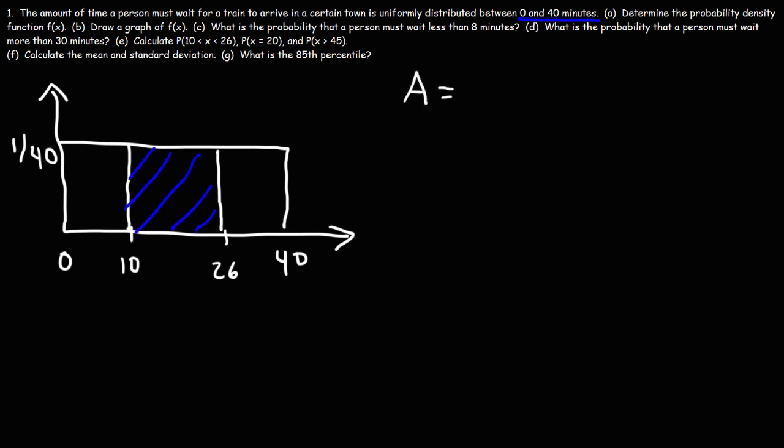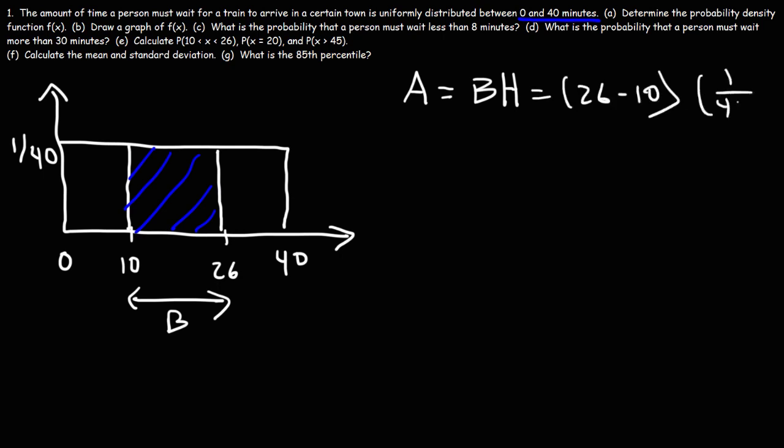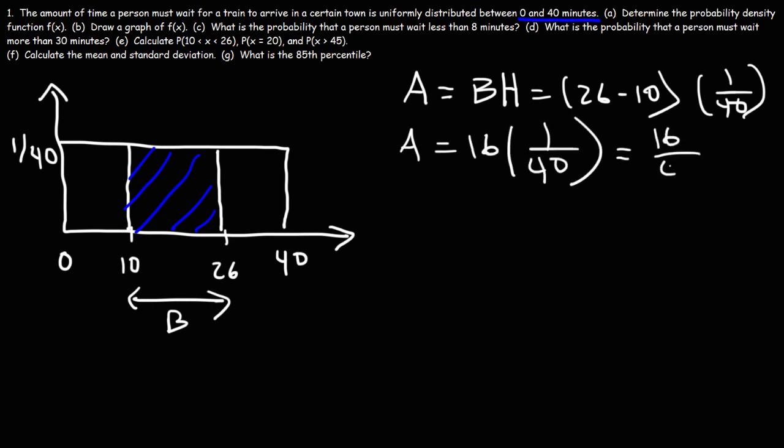So once again, area is equal to the base times the height. And as we can see, the base is between 10 and 26. So it's 26 minus 10. And the height is still 1 over 40. Now, 26 minus 10, that's going to be 16. And 16 times 1 over 40 is simply 16 over 40.